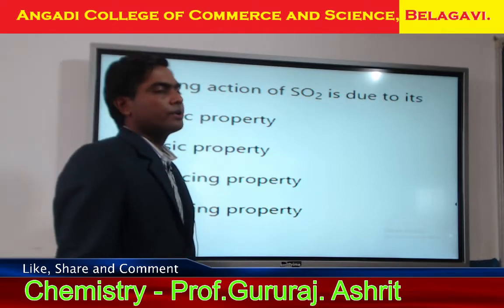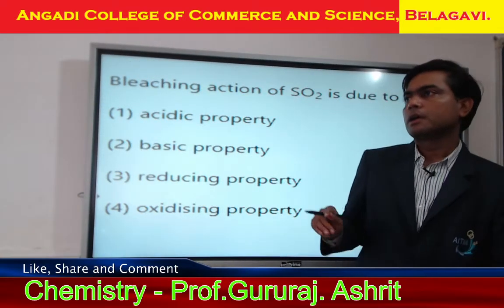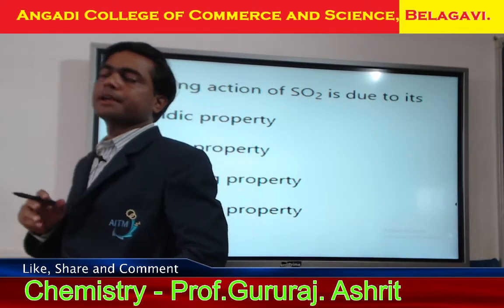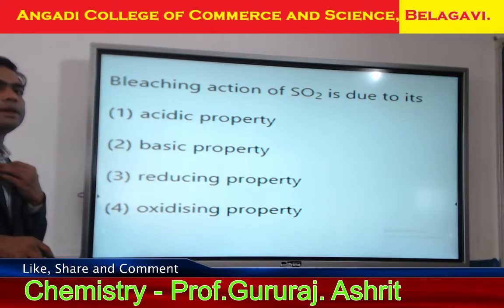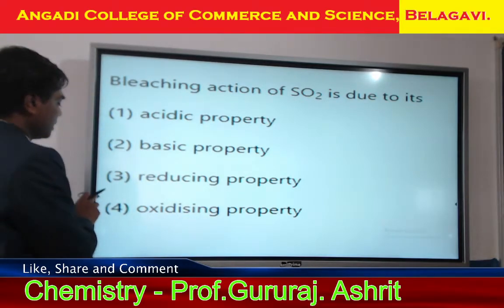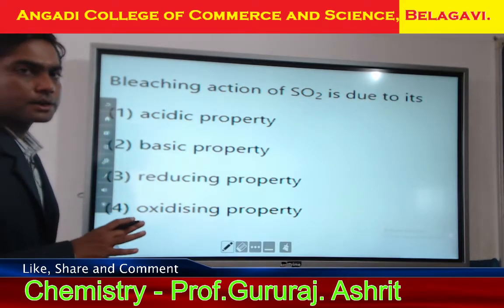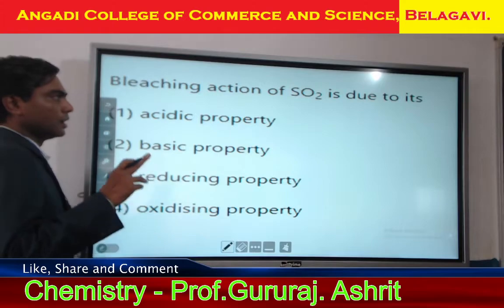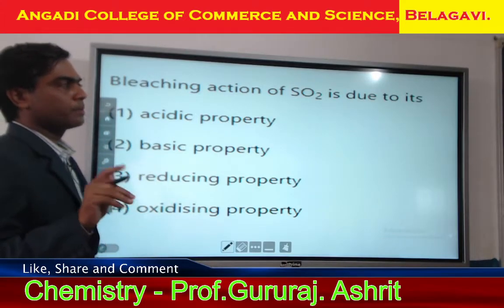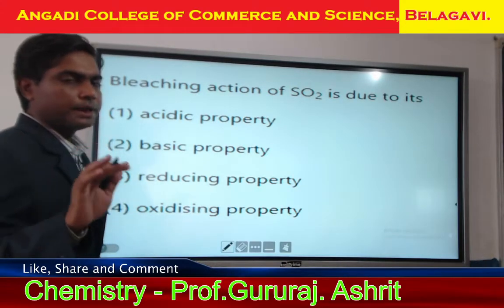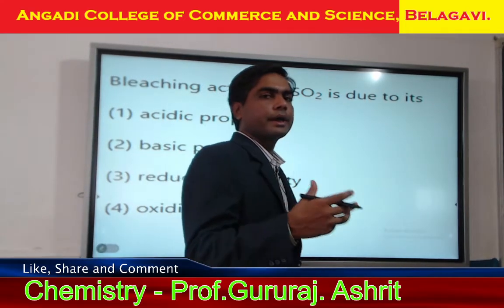Bleaching action of SO2 is due to its... When you go for the sulfur dioxide chemical properties, you learn about many reactions and you should know that SO2 is a reducing agent also, it is an oxidizing agent also, it acts as both. But it is having another special property that is called bleaching. Bleaching means removing color or making it clean.